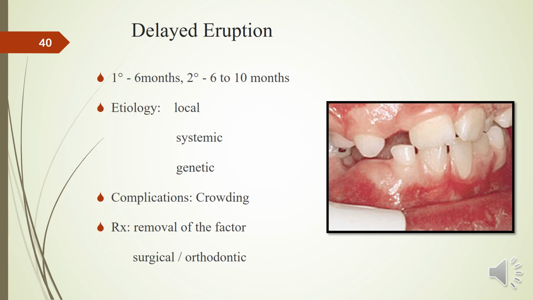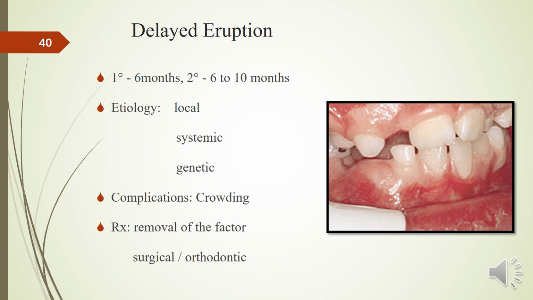For delayed eruption, delayed eruption in primary teeth can be up to 6 months of the normal chronological date of eruption, and for permanent teeth it can be up to 10 months. So say a mandibular central incisor which is supposed to erupt at the age of 6 to 7 can also erupt at the age of 8, because it's considered to have a normal delay period of up to 10 months.